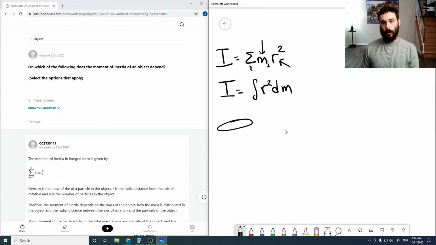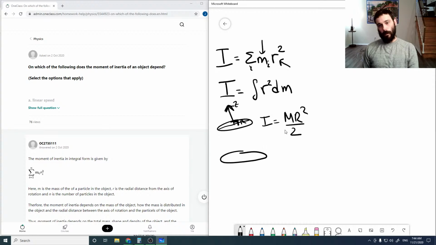So in a disk, the moment of inertia for a moment arm which lies perpendicular to the disk and goes through the center of the disk is m r squared over 2, where m is the mass of the disk and r is the radius of the disk, while for a disk where the moment arm goes through the center of the disk and along the radius of the disk, the moment of inertia is m r squared over 4.